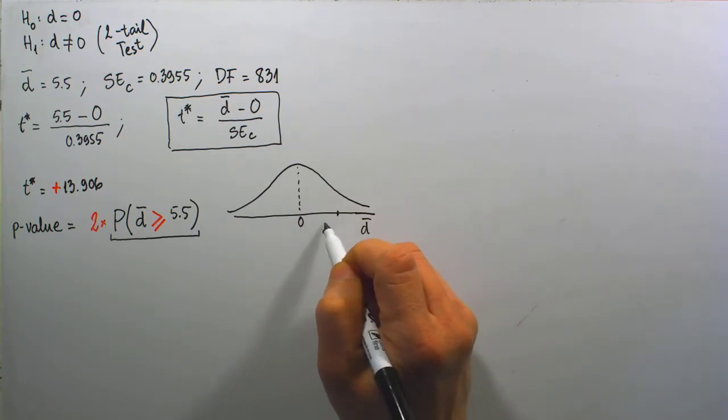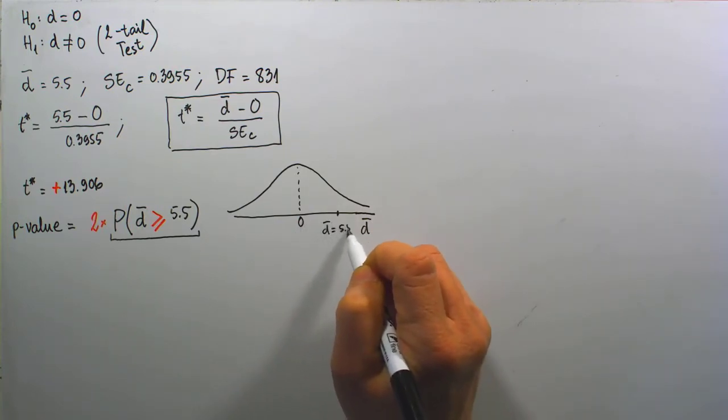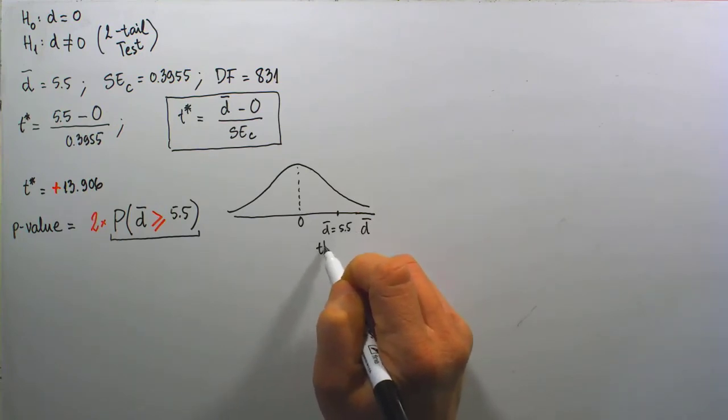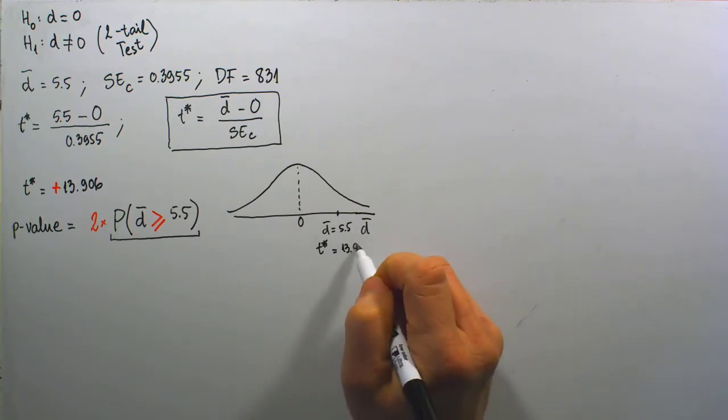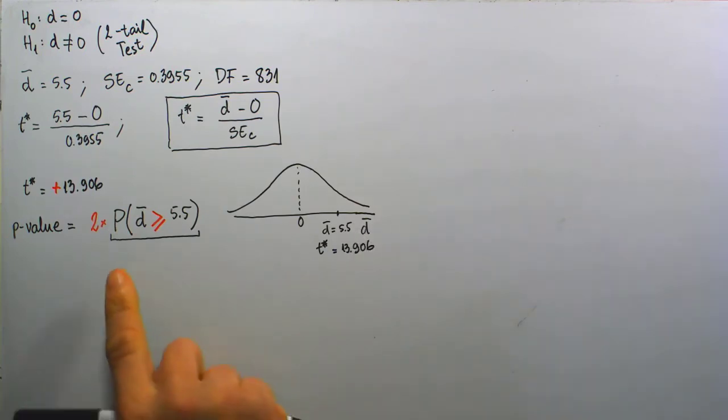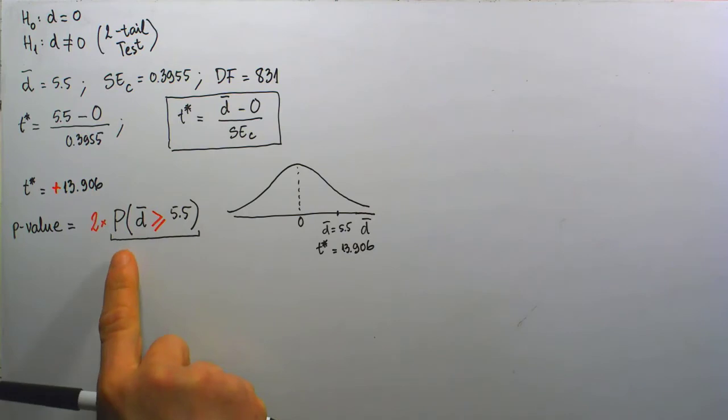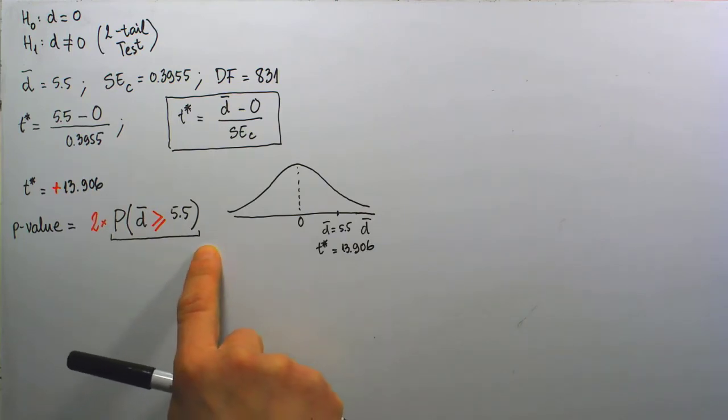So the d bar that we have is 5.5, and this d bar is at a T star score of 13.906.